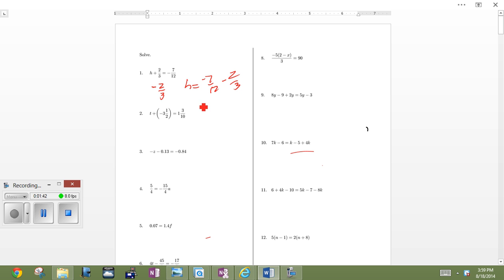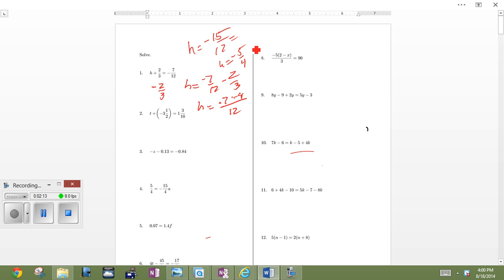In order to add those, you have to put them on a common denominator, which is going to be 12. It stays as -7, and now we'll kick this up to a -8. So -7 minus 8 is -15. H is equal to -15 over 12, which we can simplify by dividing by 3, so it's -5/4.